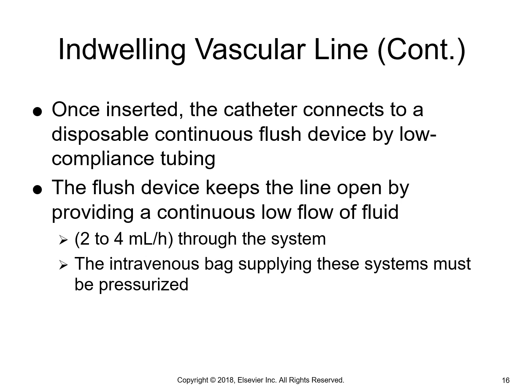Okay, so about 2 to 4 mils per hour, which is just a teeny tiny bit. So if you hear TKO, TKO is to keep open. Okay, so you might just have a line placed. It's just running TKO. It's just to keep it patent, so it doesn't clot off.